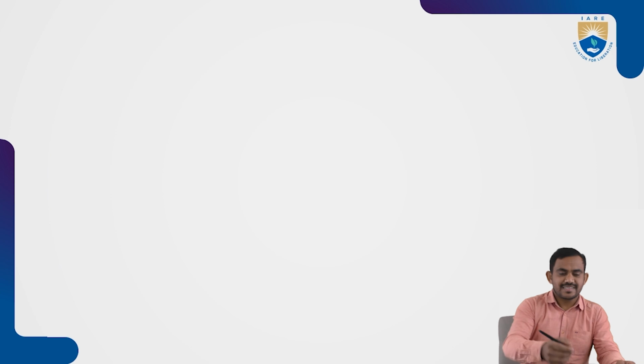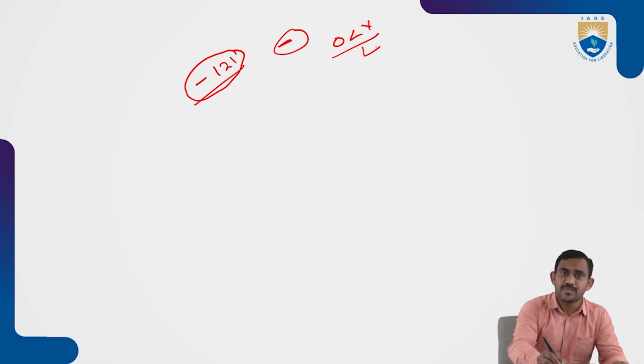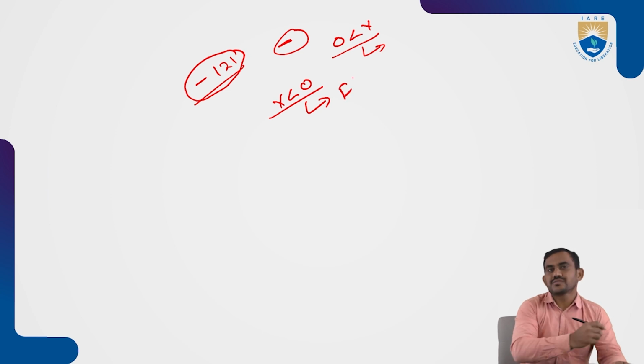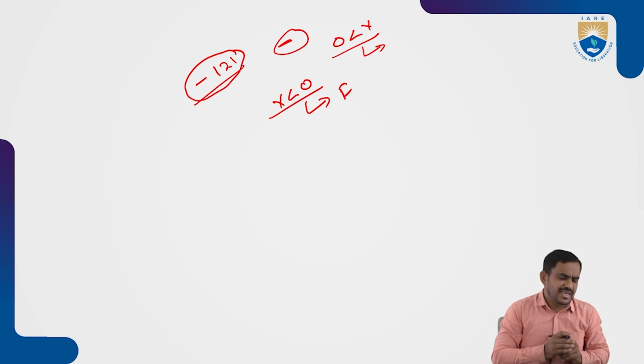In the same example, 121 and minus 121, you can directly write the condition: if your x value is less than 0, x less than 0, then write false directly. If you have the minus, go for false directly. This is a basic condition you can write.